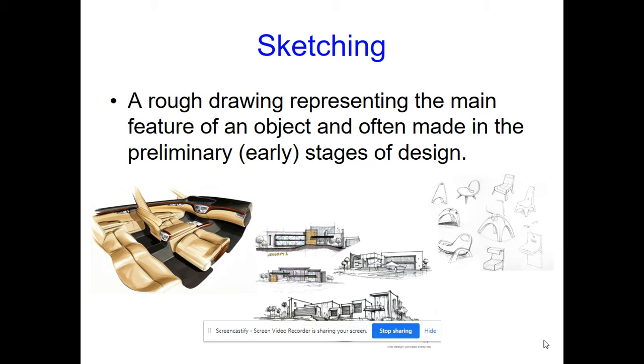They wouldn't be able to tell the exact sizes. They wouldn't be able to tell the thicknesses of the material or what the inside of the building even looks like. But it's a good concept where we might start our design and what we're thinking as we create that design.